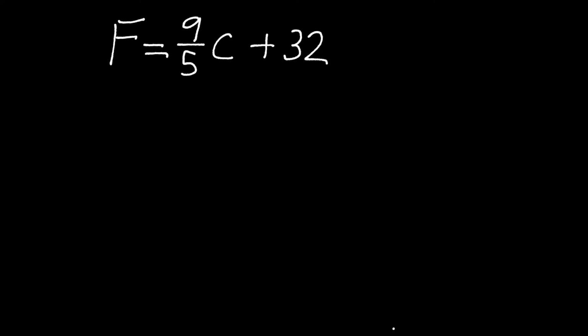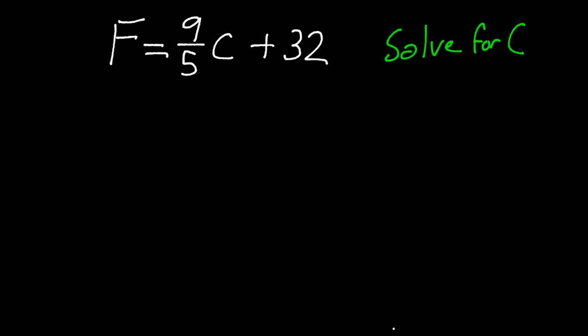That's the formula. But we want to know what the opposite would be. We want to solve for c. So we don't want to have f equals all of this. We want to have it be c equals something.